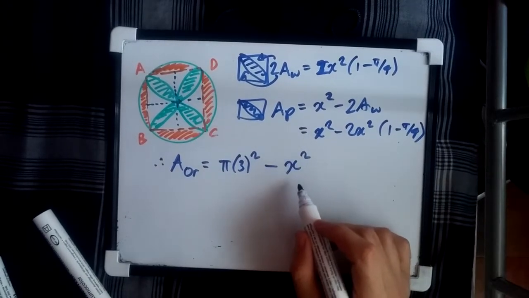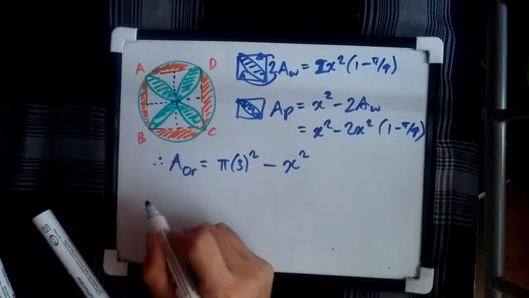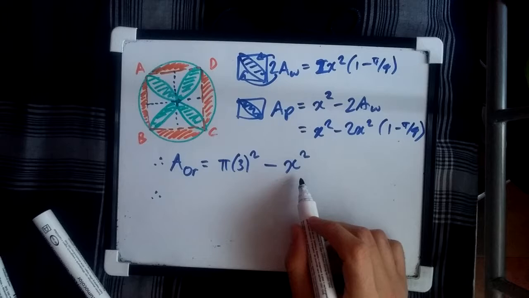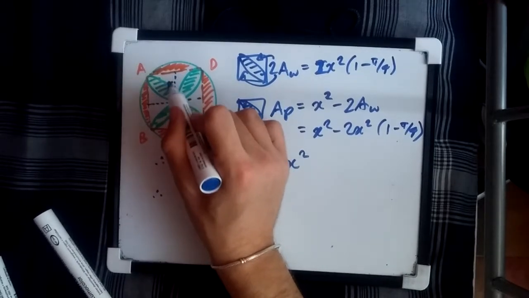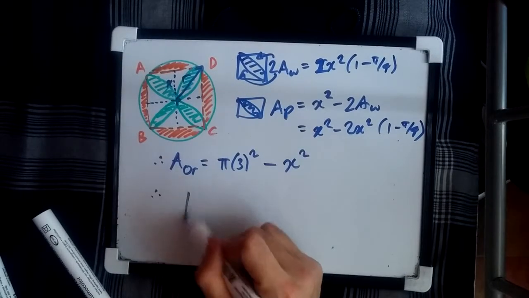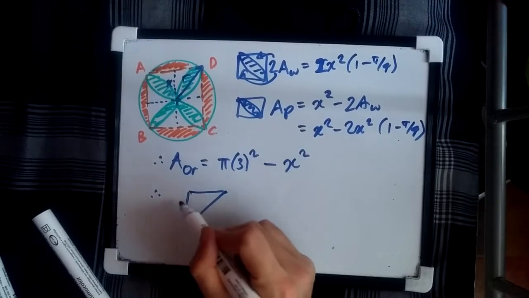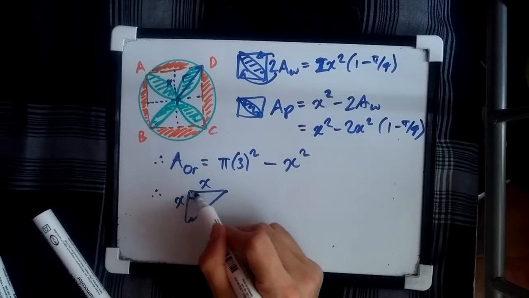Now the question here is, what is the value of x anyway? Let's consider this triangle, because we know that x is this length here and r is the diagonal here. Taking out this triangle, we have an x here and x here. Let's define what r really is.